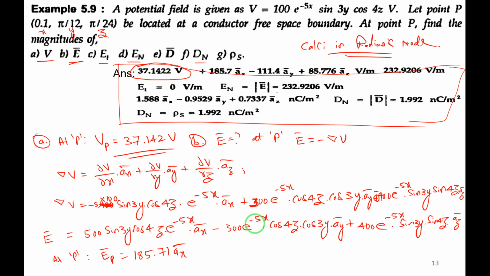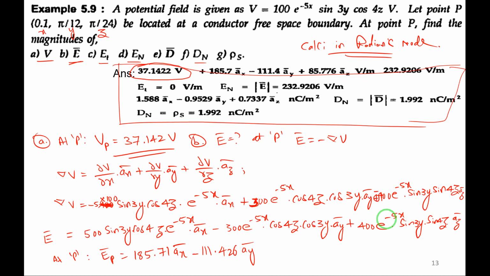Next term is cos 3y, cos open bracket 3 into y, y is pi by 12, pi divided by 12. So I am getting this as minus 111.426 ay.